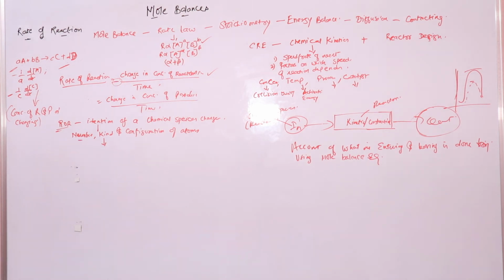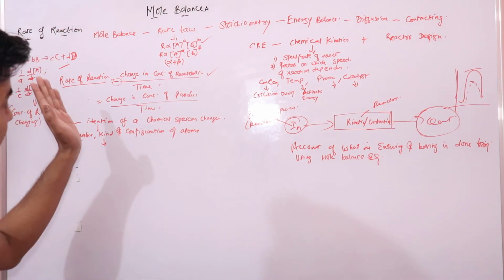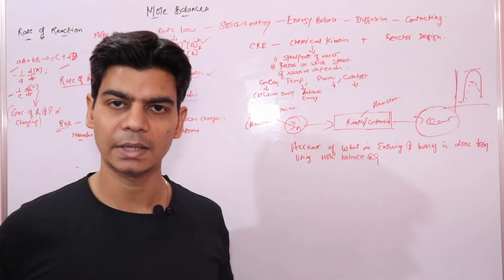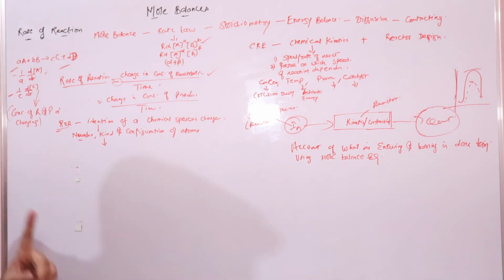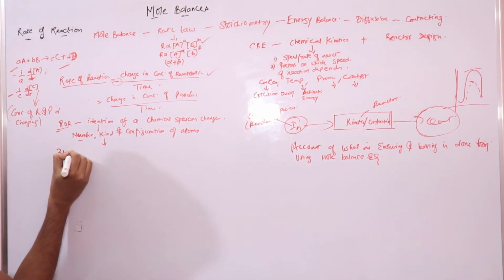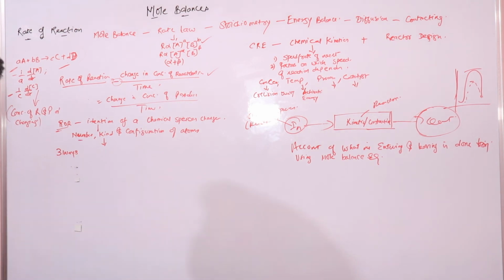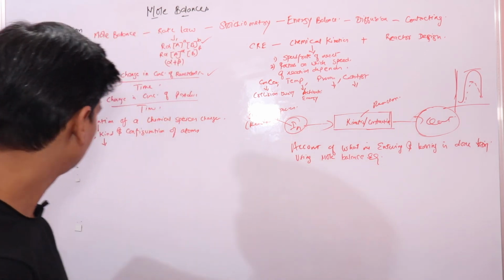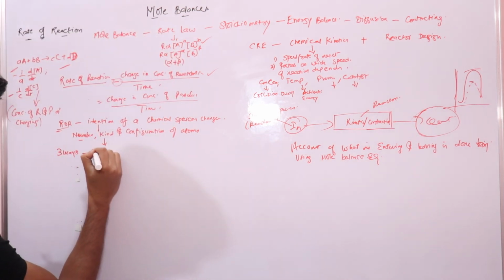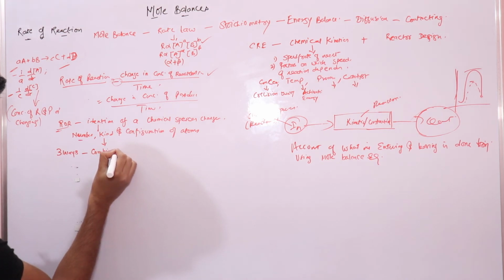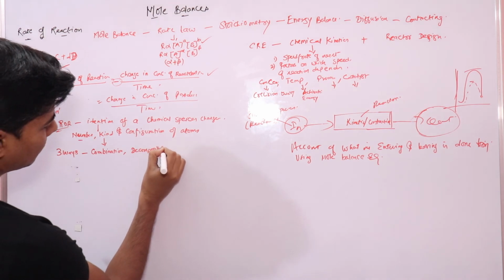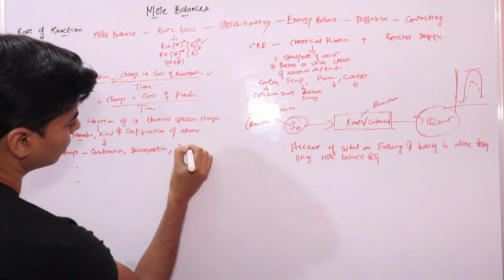There are three basic ways a species can lose its identity: through combination, decomposition, and isomerization.